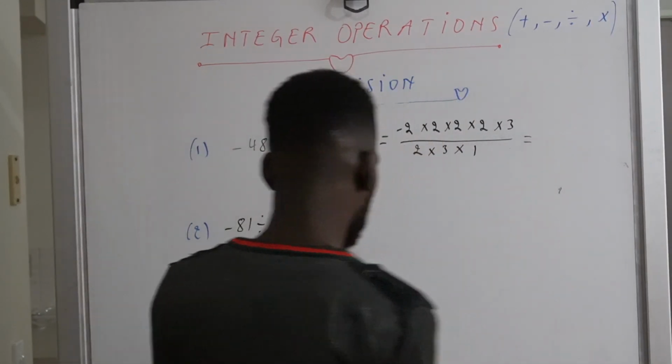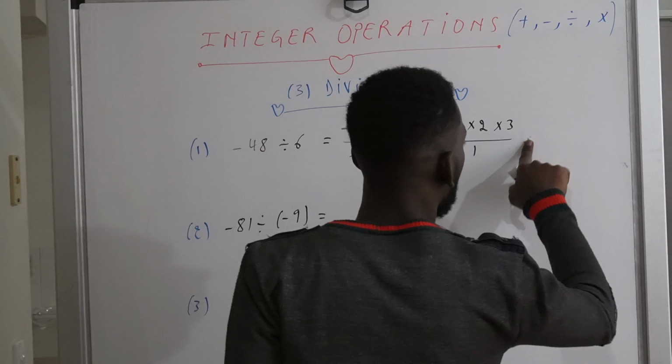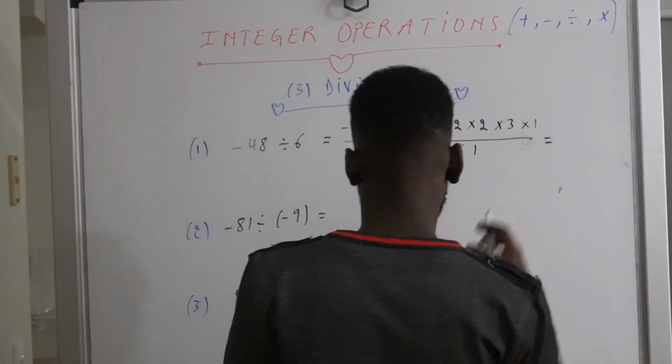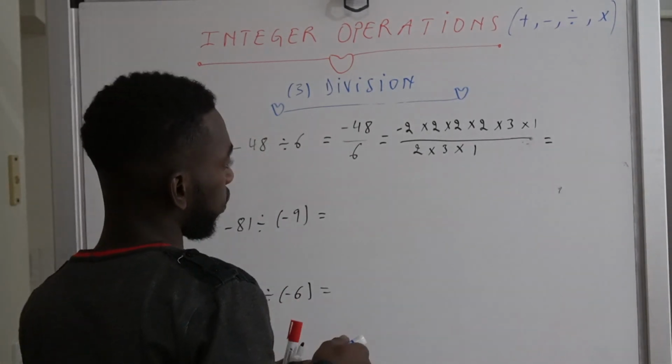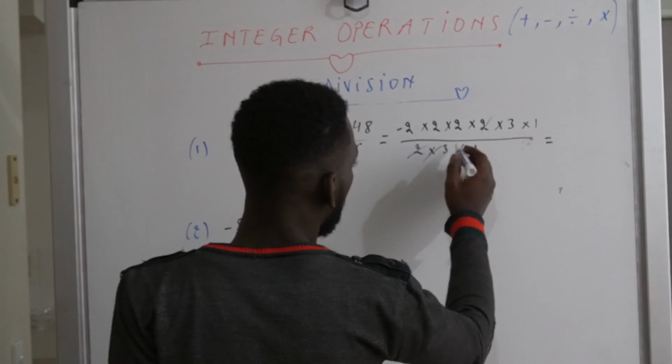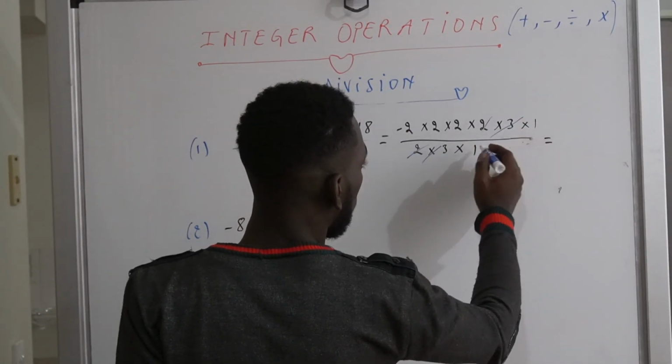And then here what you do is, times by 1. Now what you then do is you can simplify this number and this 3 and the 1.